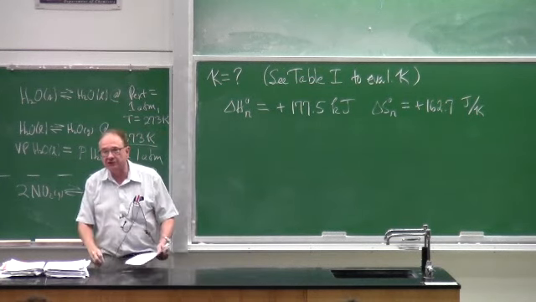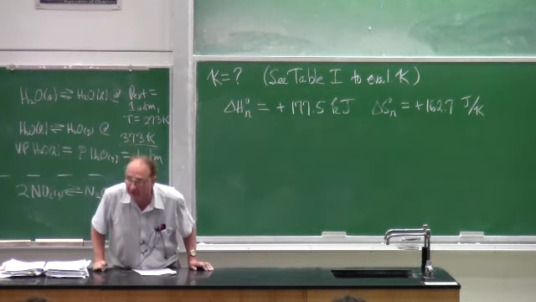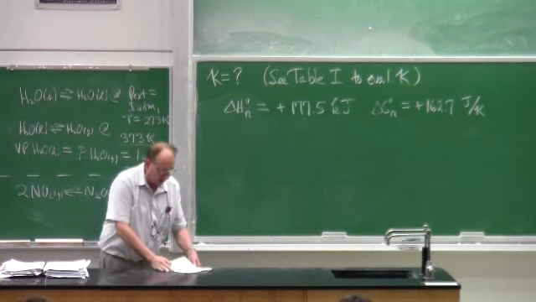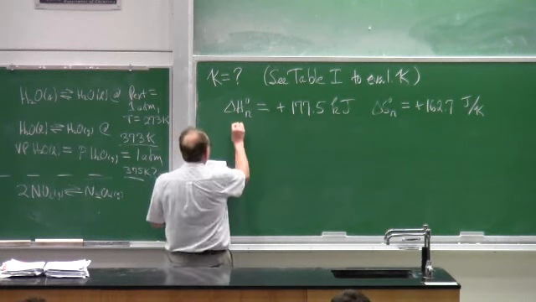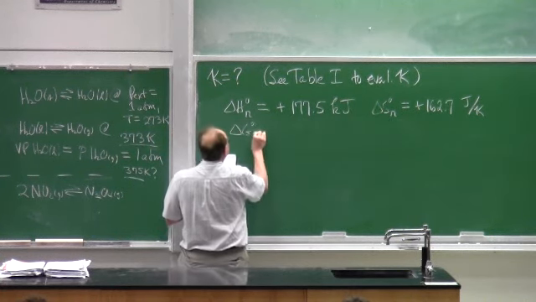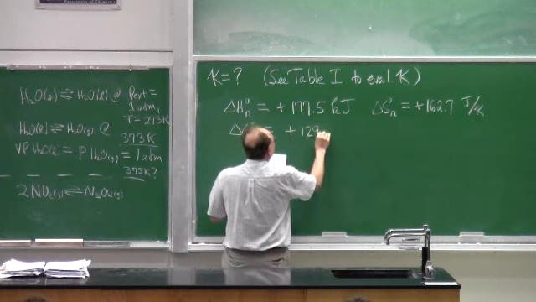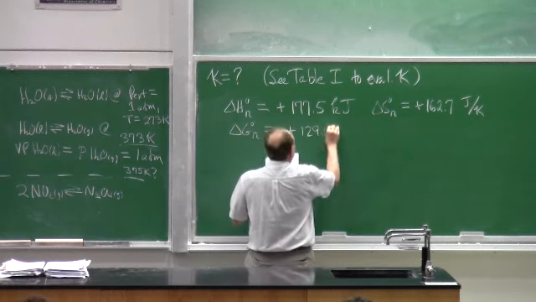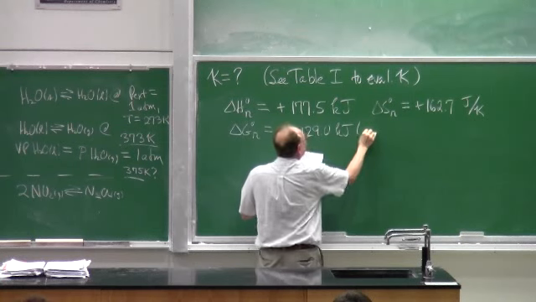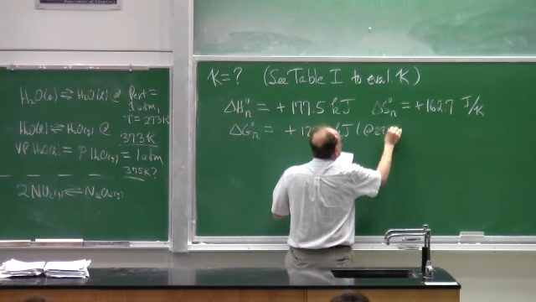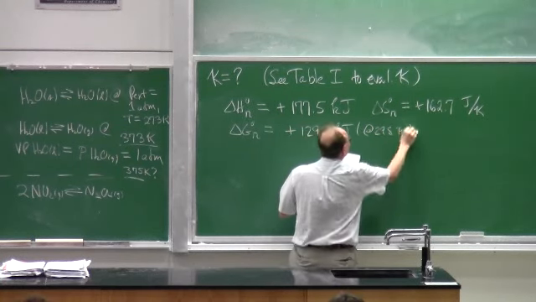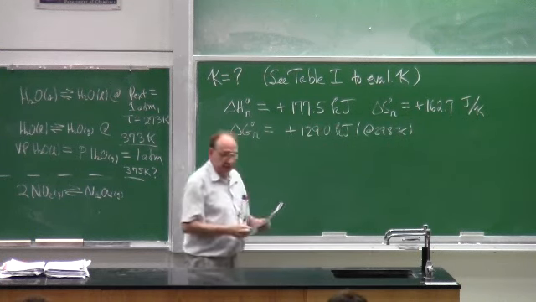If, in accord with delta G0 equals delta H0 minus T delta S0, and operating at 298 K, we calculate delta G0, we'll get plus 129.0.